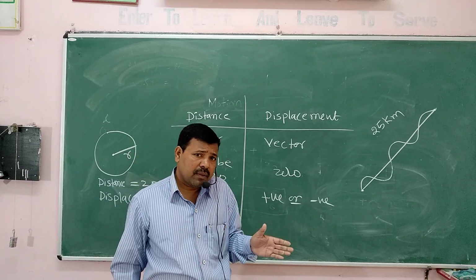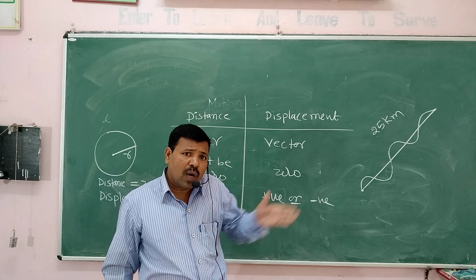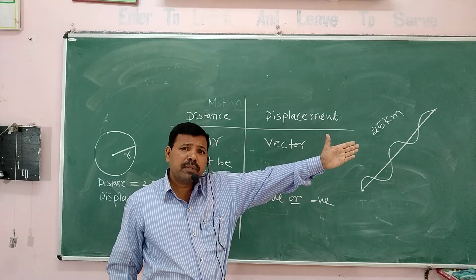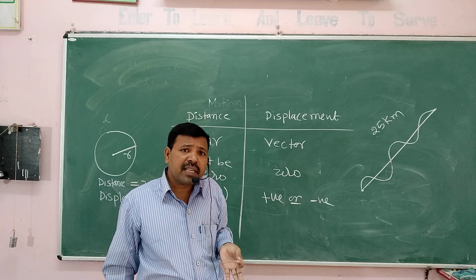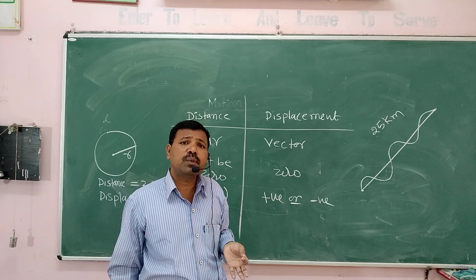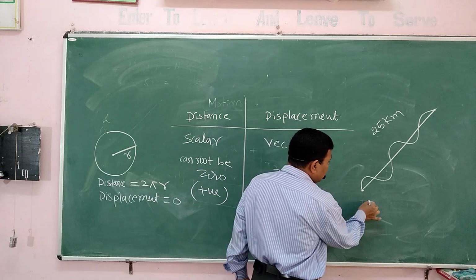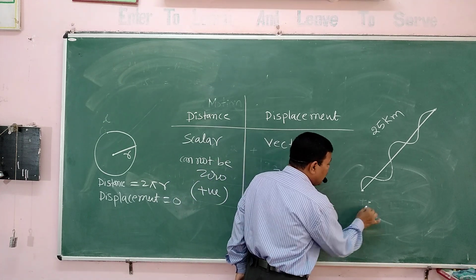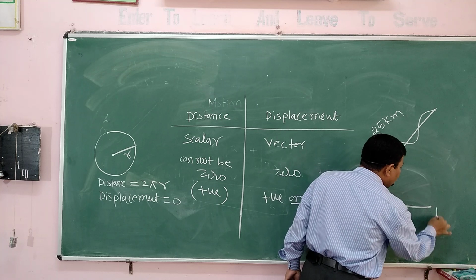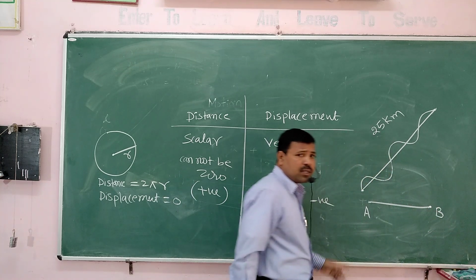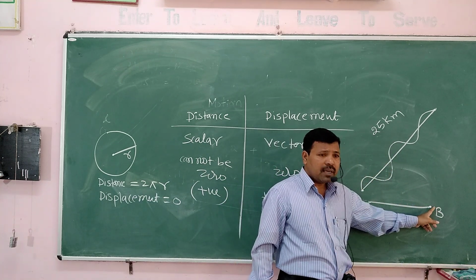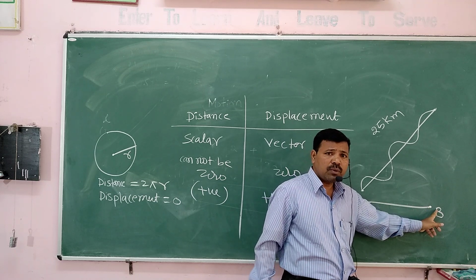Say for example, if you are taking onward journey, displacement is positive. Return journey, displacement is negative. Say for example, a person jogging from A to B. This displacement is positive.